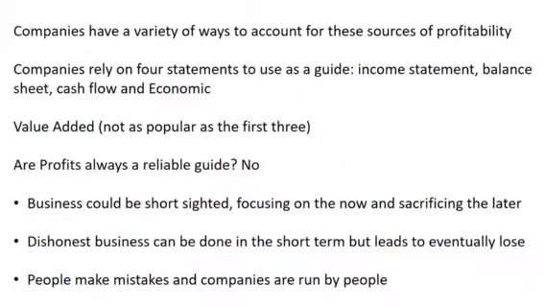Now, companies rely on four statements as kind of a guide to tell how they are actually doing in their situation. So we have income statements, balance sheets, the cash flow statement, and then we even have an economic statement that we can look at.